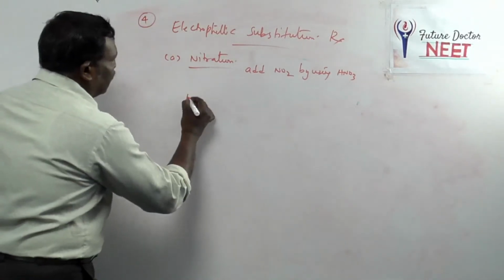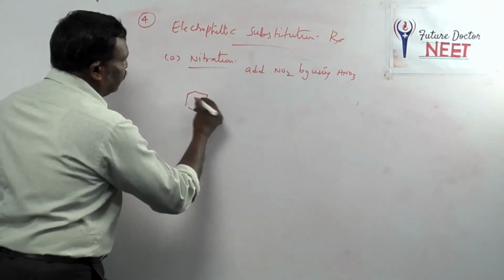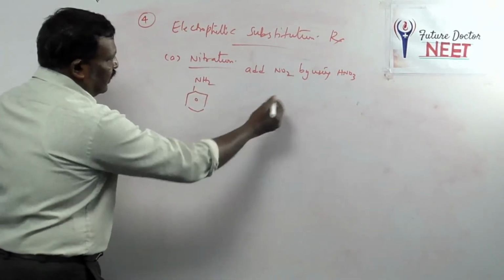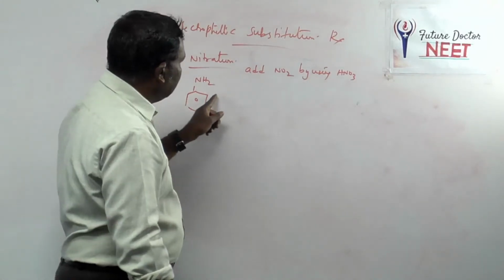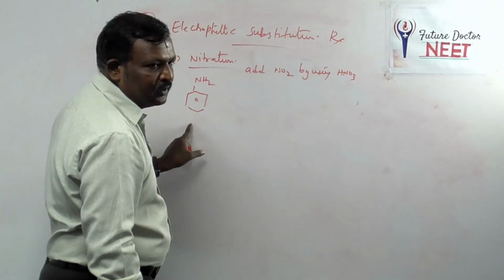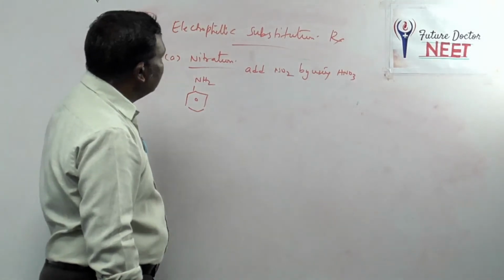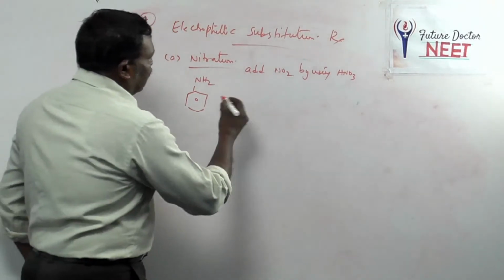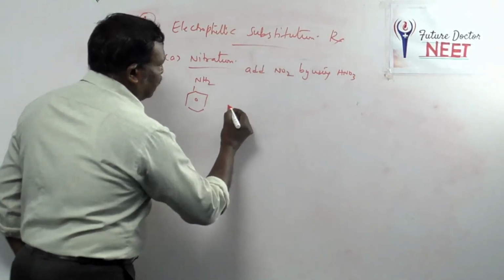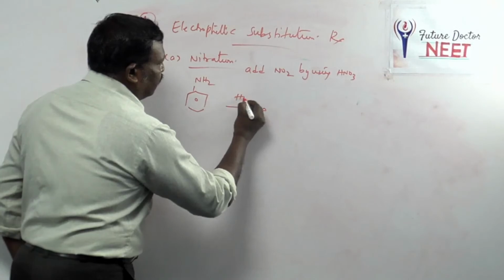You take aniline, no? If you add nitric acid, the NO2 group goes to the ortho position as well as the para position. We know that. Suppose you just write one equation, no problem.